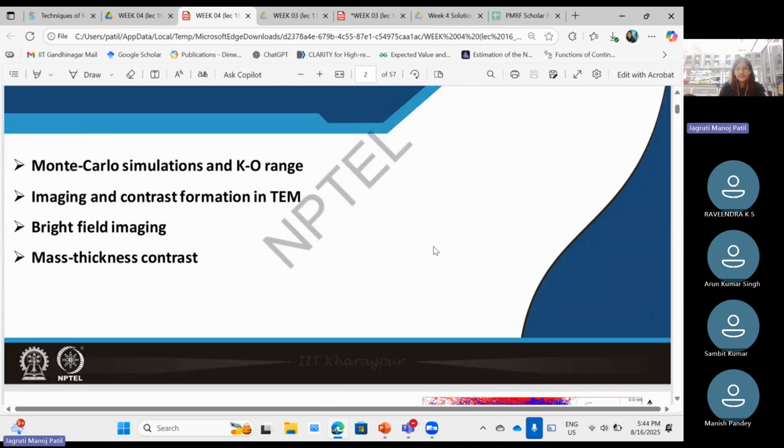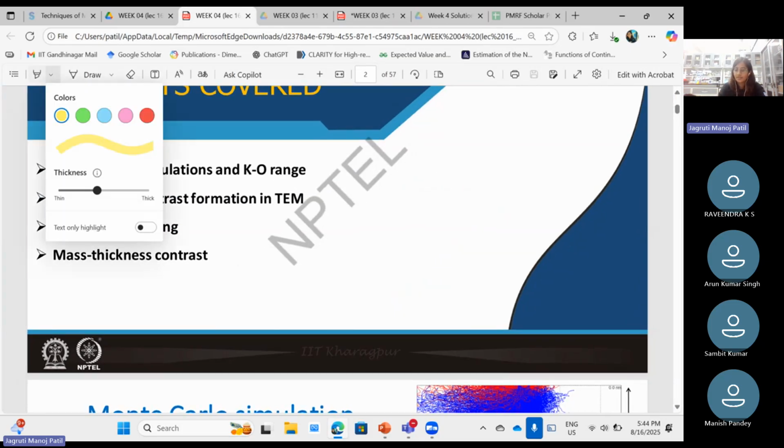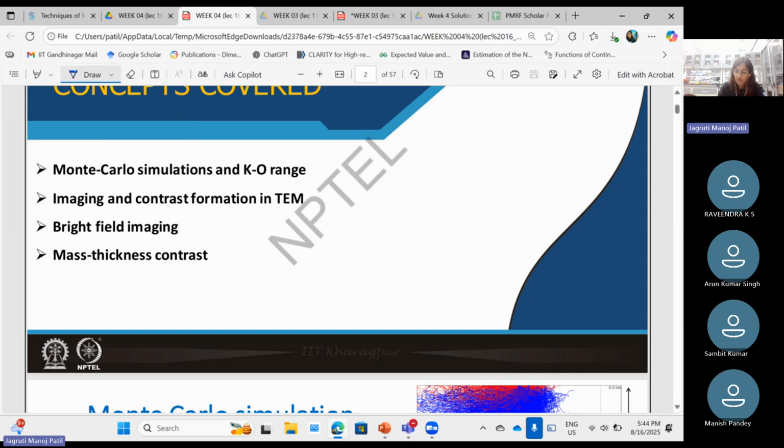So they have again discussed this Monte Carlo simulation, which I think is somehow not that much related, because if you're not working in that area, just understand the basics of why people perform these Monte Carlo simulations and what the basis for them is, because apart from that, it won't be related to you anywhere else unless your work really depends on them, or if you are trying to validate some experimental situations, then of course you can. And there's a Kanaya-Okayama range. This is KO, not a specific term, but the names of two people.